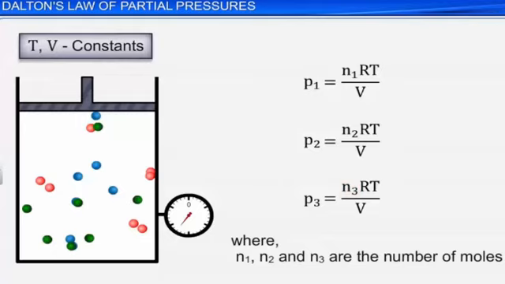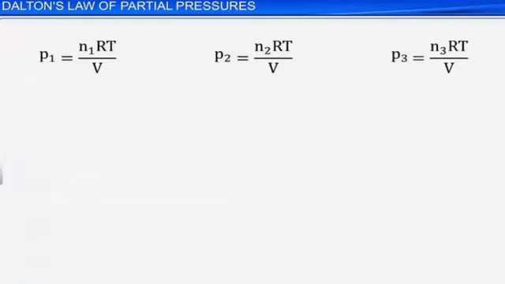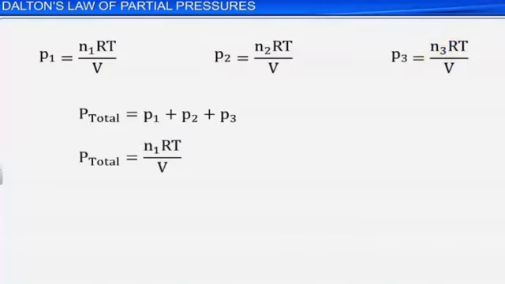According to Dalton's law of partial pressures, the total pressure exerted by the mixture of gases, P total, is equal to P1 plus P2 plus P3. On substituting the values of P1, P2, and P3, we get P total equals n1RT divided by V plus n2RT divided by V plus n3RT divided by V.